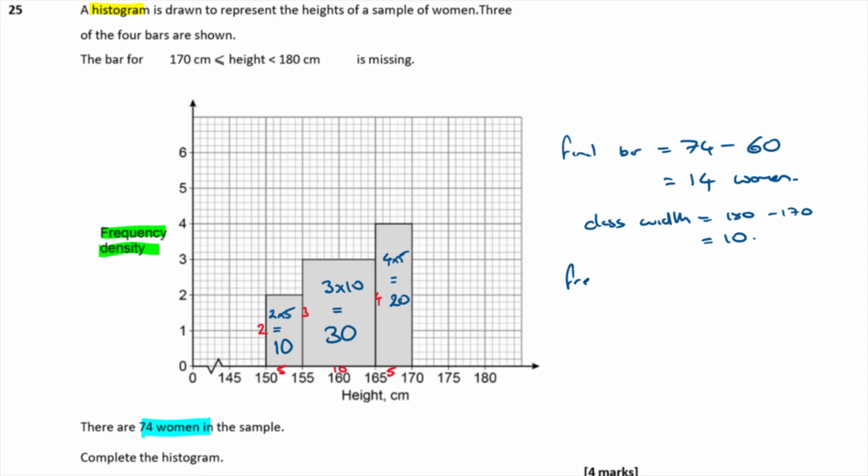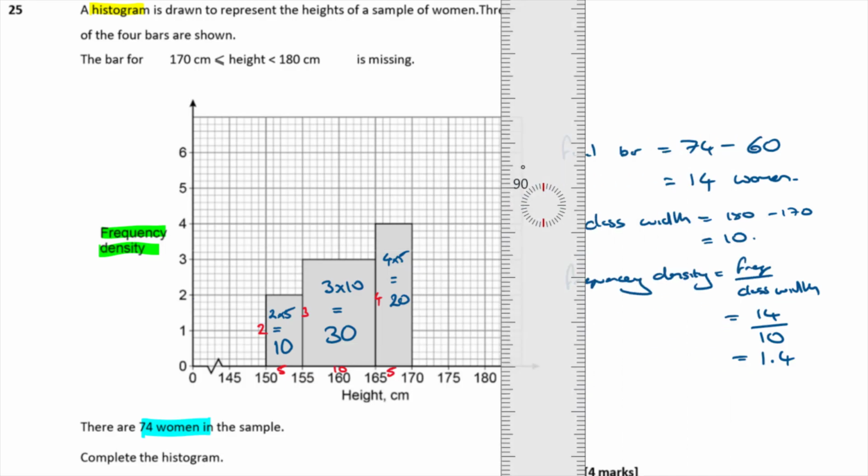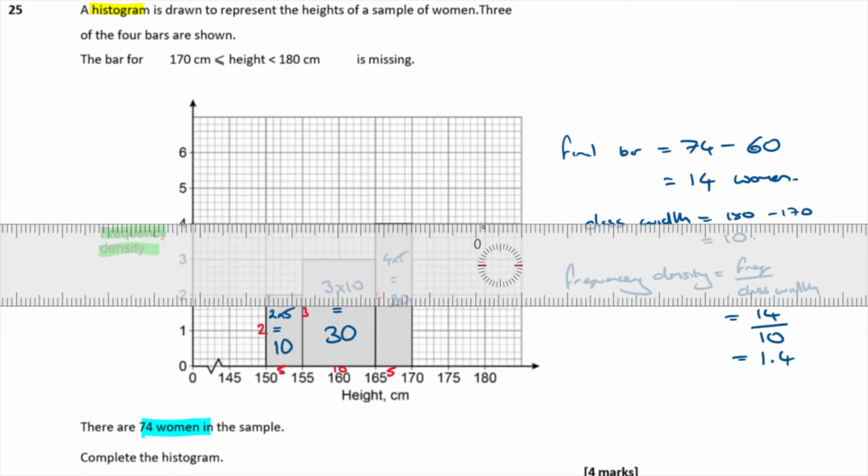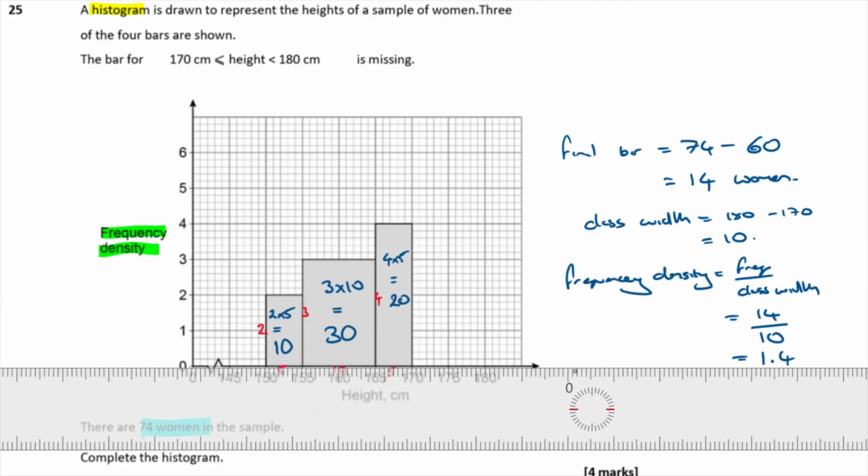So the frequency density that we need is going to be frequency divided by class width, which is 14 women divided by a class width of 10. So we need to draw our bar with a height of 1.4. Using our ruler, I'm going to find 1.4 on my scale here.